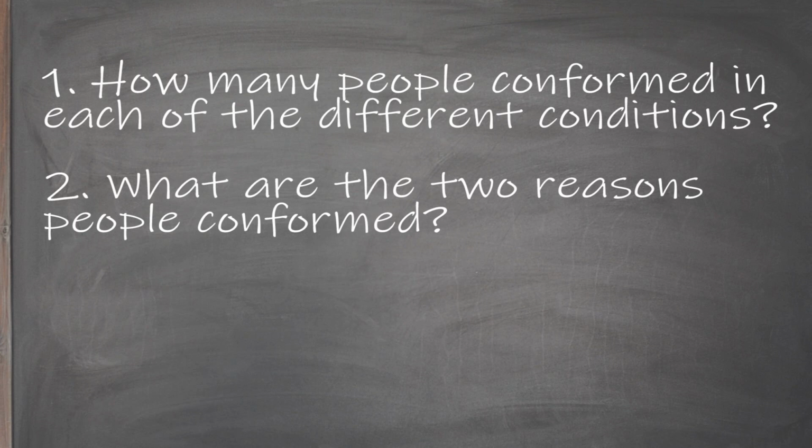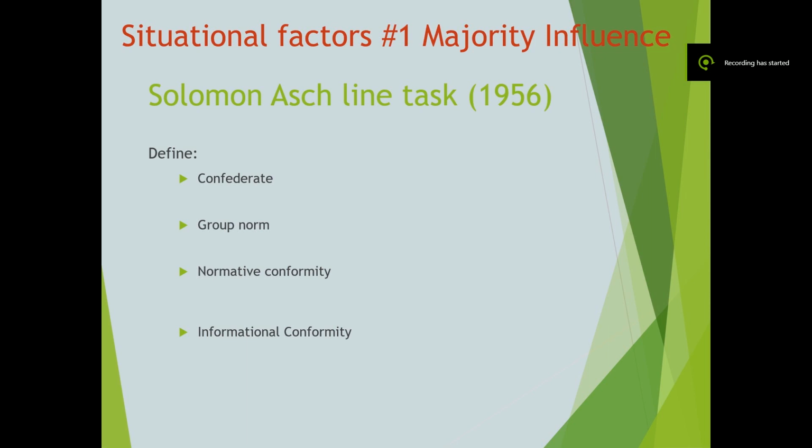There are a few other things that you should also understand now. Those are these four terms that you will see up on the screen. You have got confederate. Confederates feature in a lot of the experiments that we look at. You need to know who they are. Group norms we talked about already, hoping you understand those. And the two types of conformity you were listening out for were normative and informational.